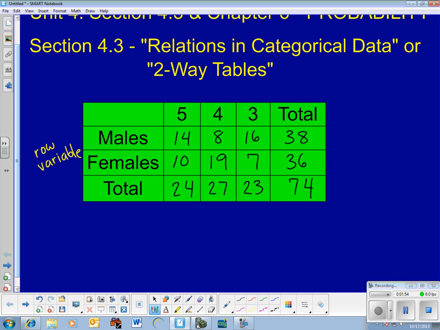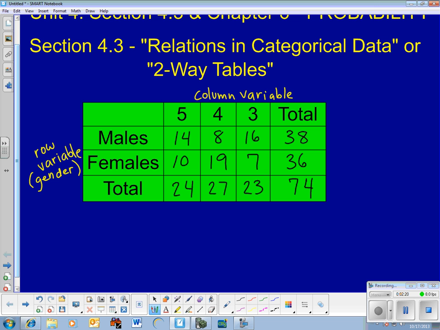Our row variable in this case is gender, because that's what's shown on the rows. Column variable is the AP exam scores. And then you've got a column and a row for the totals, and the totals should add up both ways, which just makes sense. But that's our first set of terms, row variable and column variable.